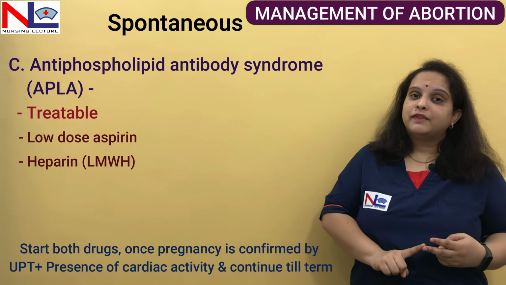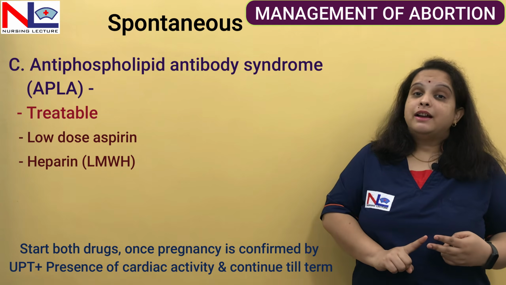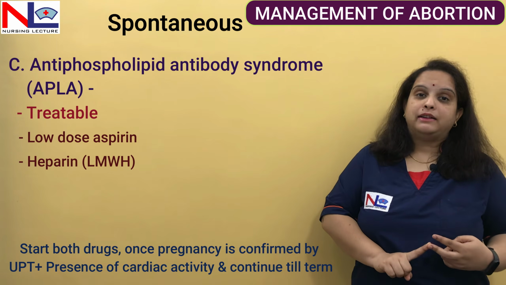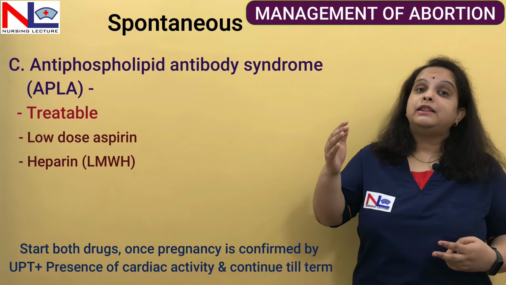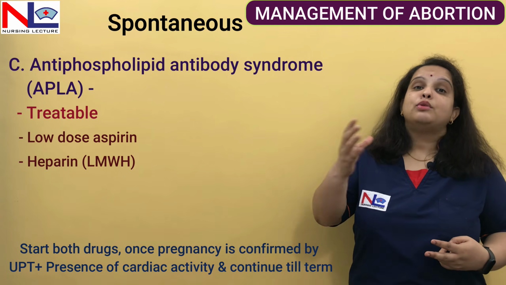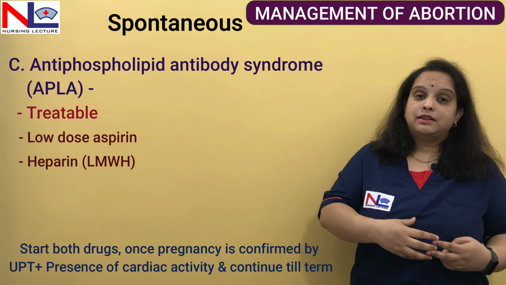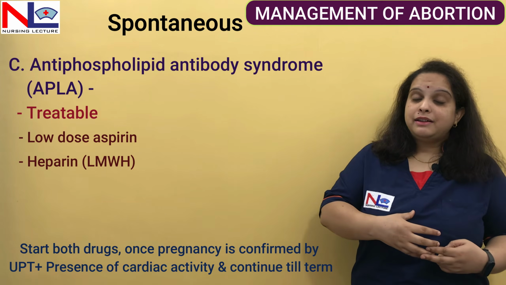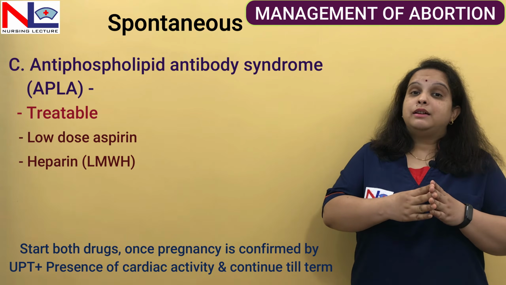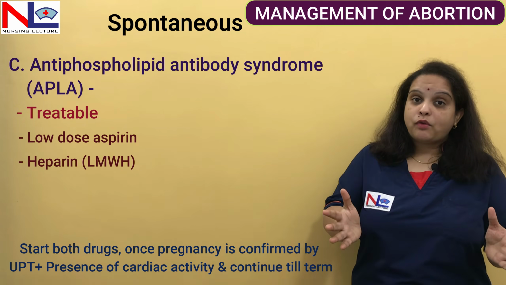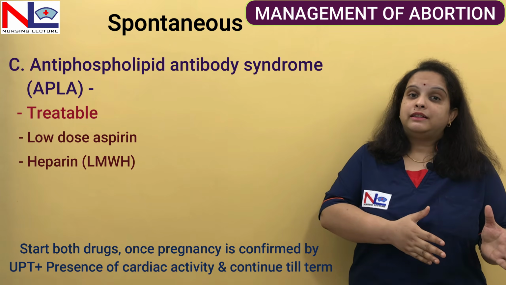Once we are assured of this, we can administer aspirin and heparin combined to the woman throughout pregnancy till the pregnancy reaches term. By these two drugs this condition can be treated, as they are anticoagulants. They break the clot that can be formed with this disease condition.